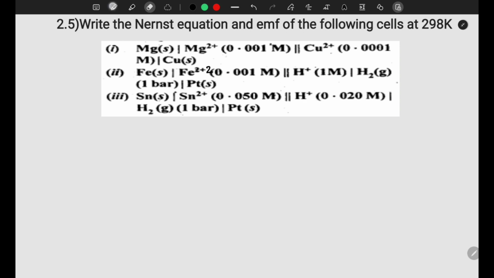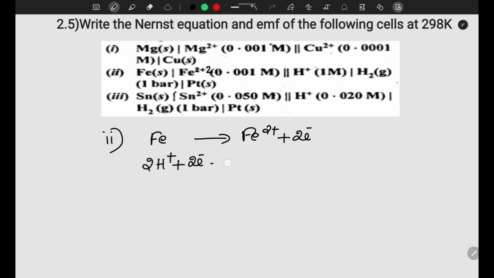Fe is undergoing oxidation to Fe2+ and H+ is undergoing reduction. So we can write the oxidation half equation. Fe gives Fe2+ plus 2 electrons, and the reduction half equation as 2H+ plus 2 electrons gives H2. So here the number of moles of electrons involved, n equal to 2. Now let us calculate E naught cell, that is E naught cathode minus E naught anode.